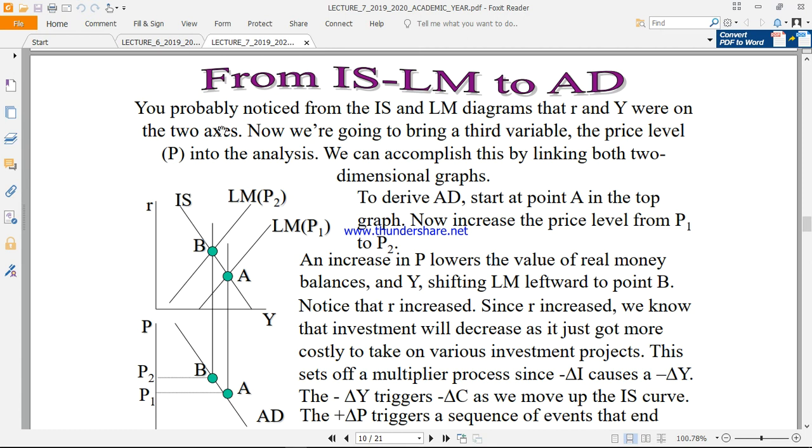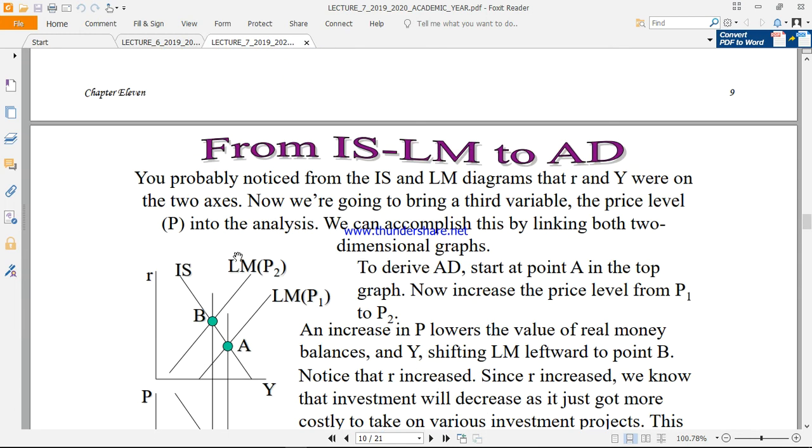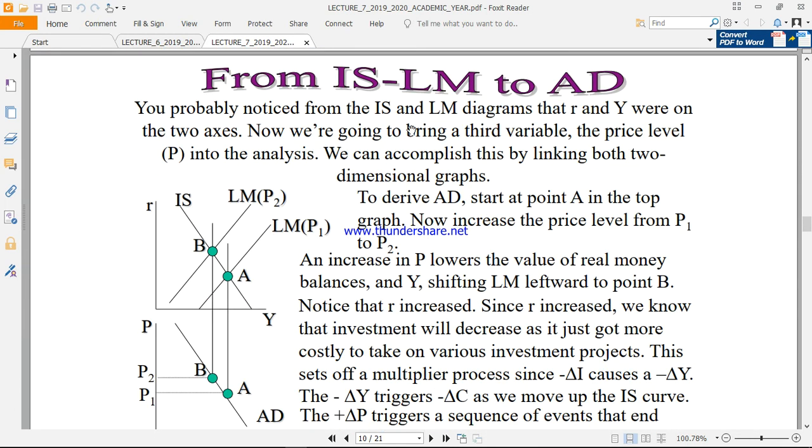Okay, so let's link these two, IS-LM to demand. What we've noticed from IS-LM diagrams is that the rate of interest and output were on there, so we have R there and Y there. Now we are going to bring a third variable, which is the price, into our analysis.